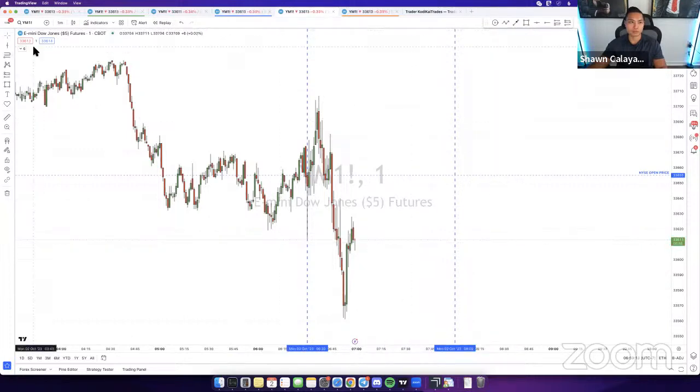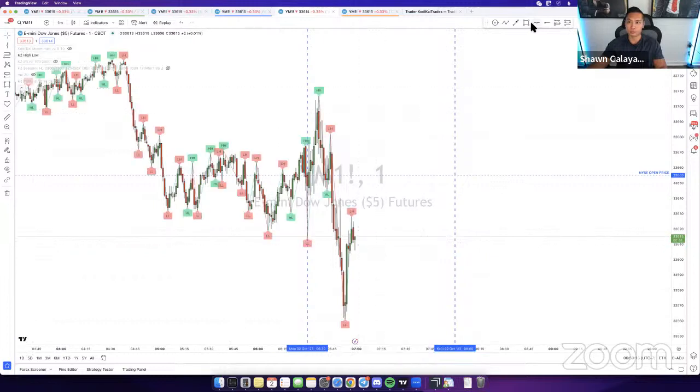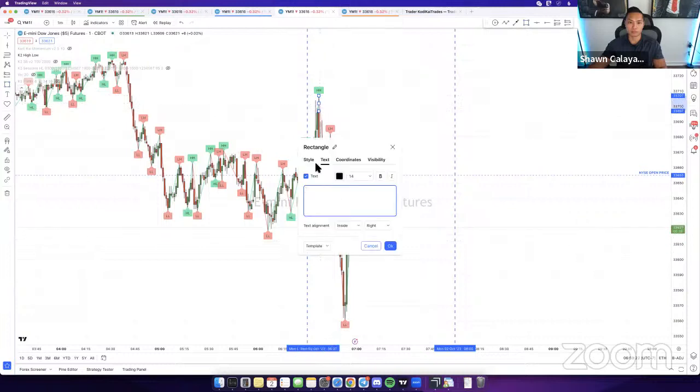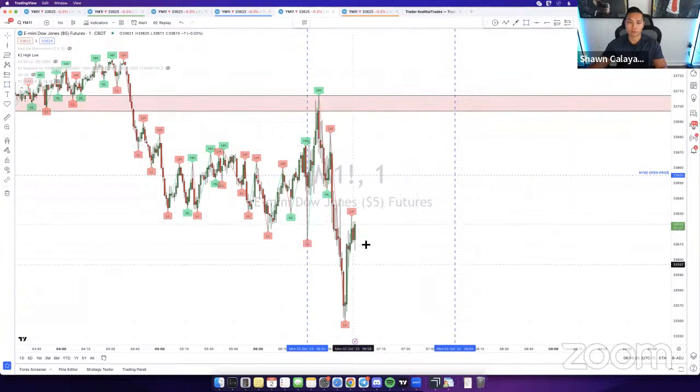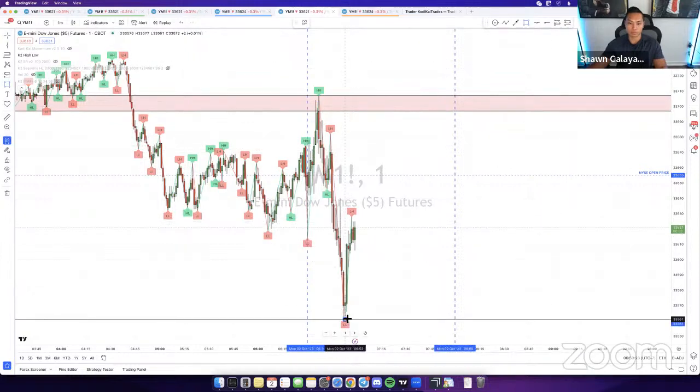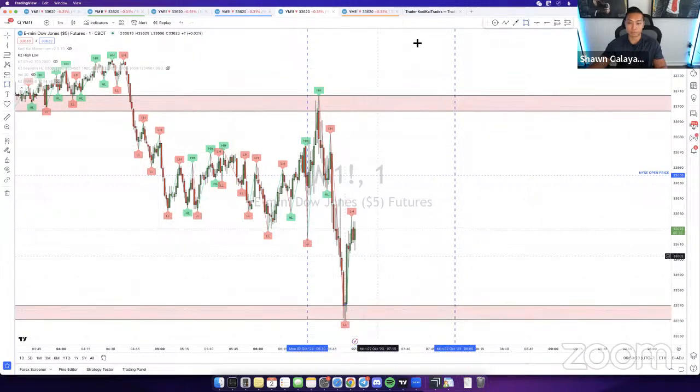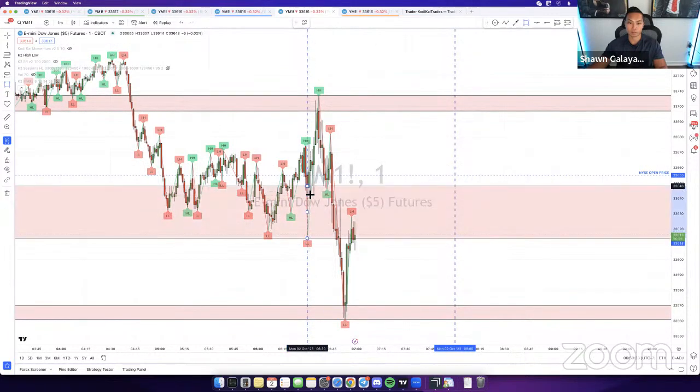a lot of choppiness. Let me go over here and I'll mark up the zones. So we have the zone right here. Here. All right.